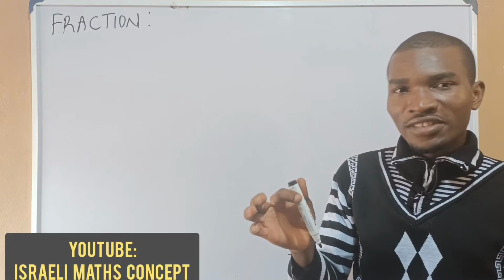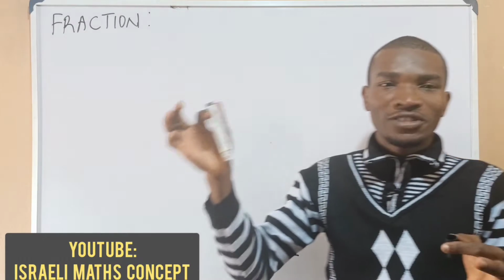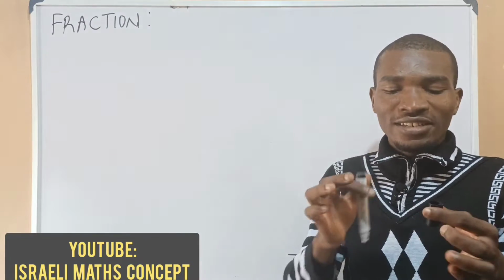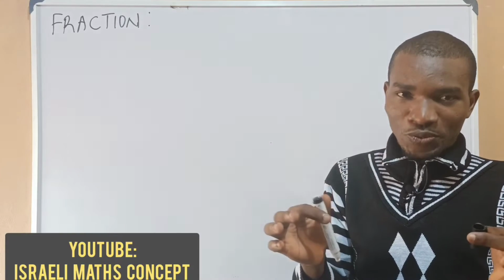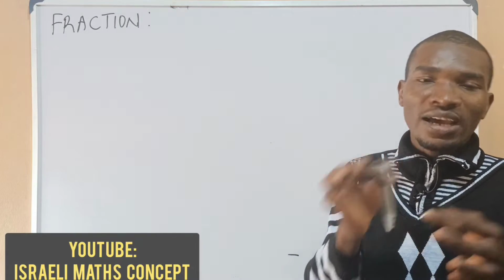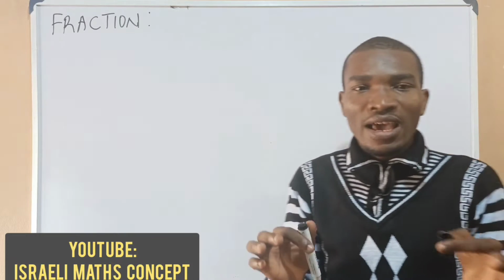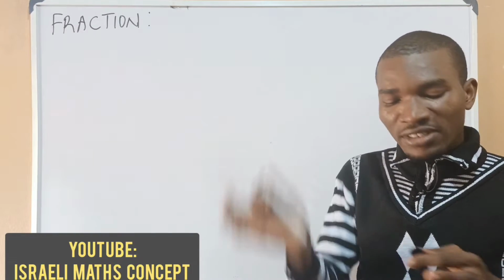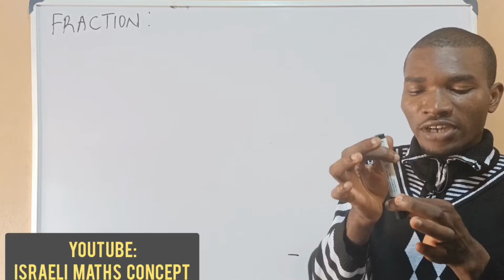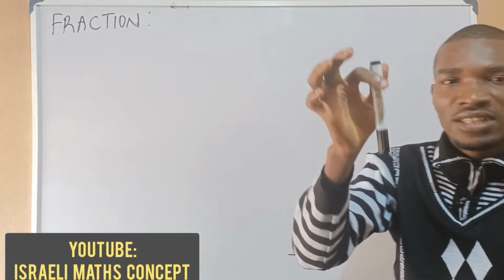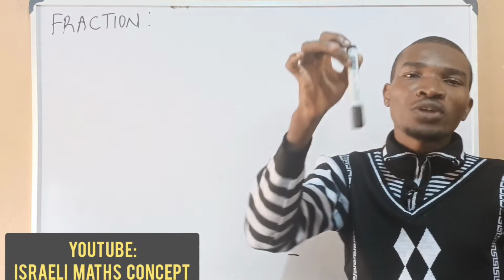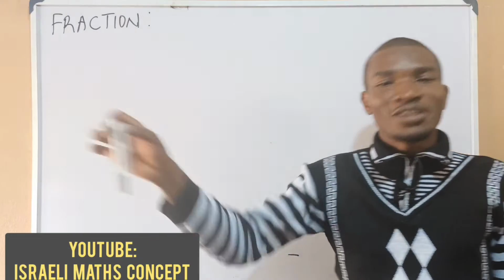Basically, since the cover is alone and the marker itself is alone, automatically I can say that they are in ratio. So automatically, since the marker and the cover is in ratio, they are now in fraction. But if I should return back this cover to the marker, I can now say that this marker is a whole. So whatever that is a whole is not in fraction.